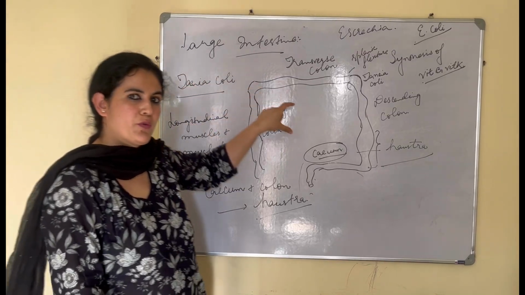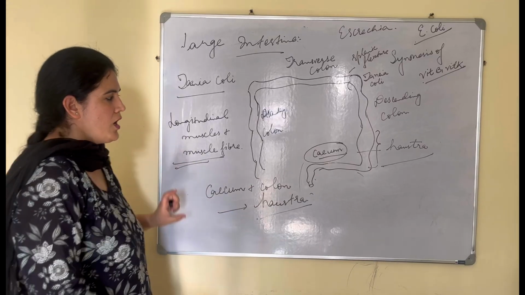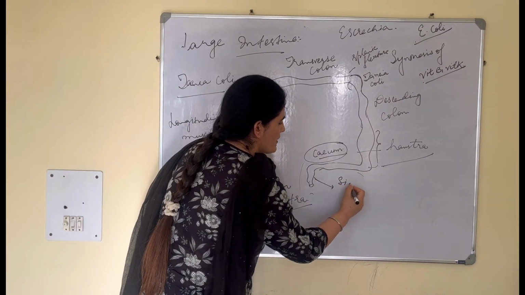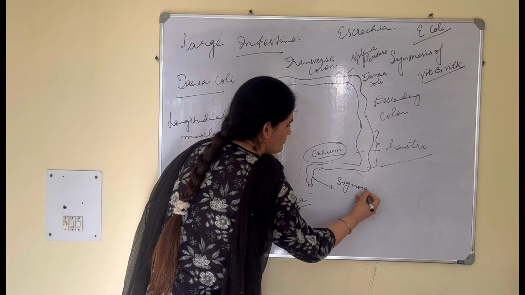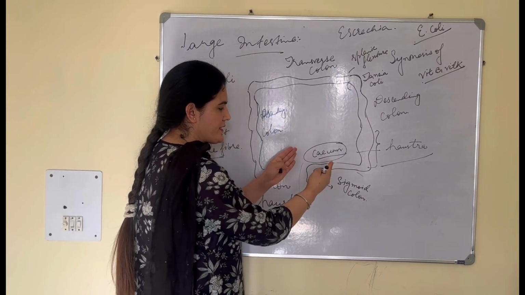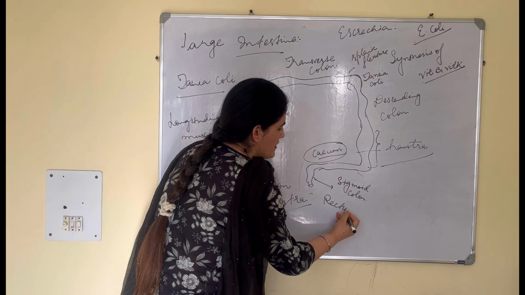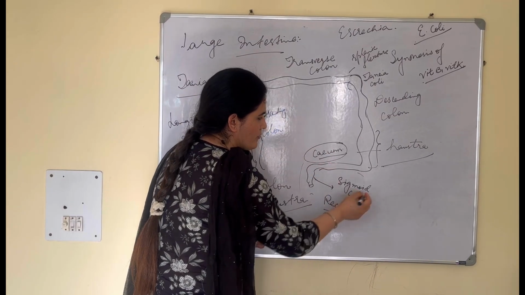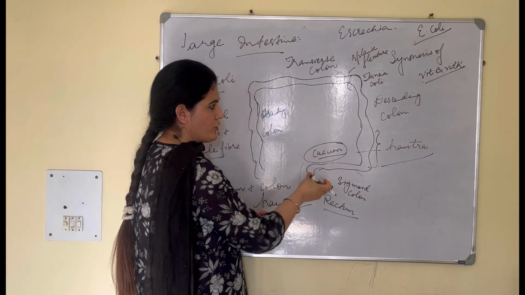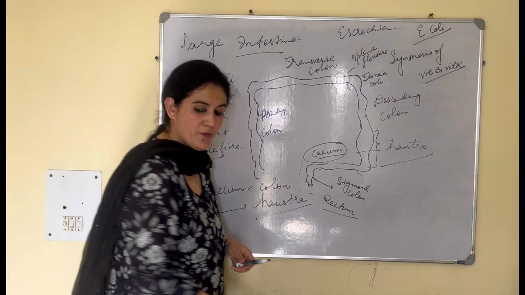You have to remember in the large intestine: tinea coli and haustra. Now here also we have the sigmoid colon, where the cecum connects to the rectum. I hope this much is clear.